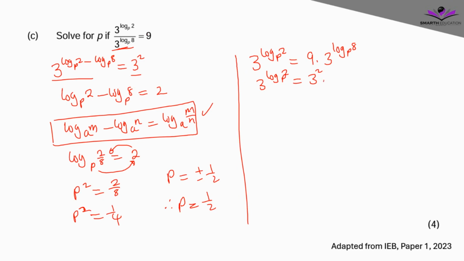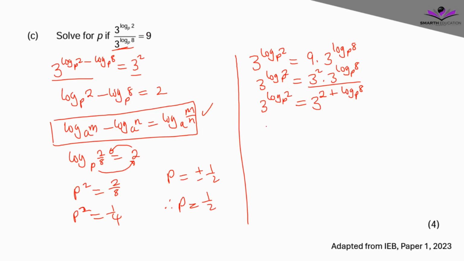That is 9. Then times 3 to the power log 8 to base p. Here we're multiplying powers with the same base. So this is like 3 to the power log 2 to base p is equal to 3 to the power 2 plus log 8 to base p. We have powers with the same base here.